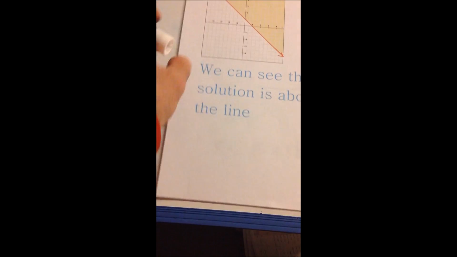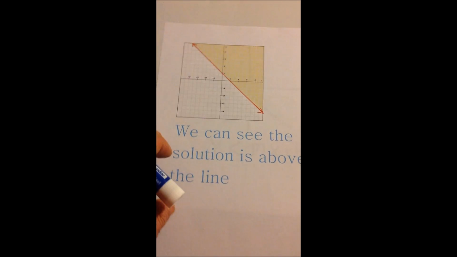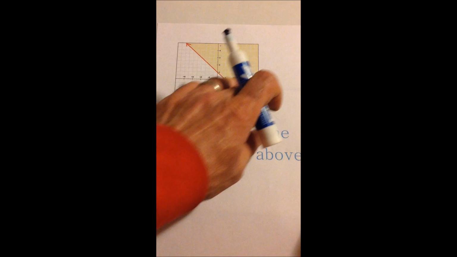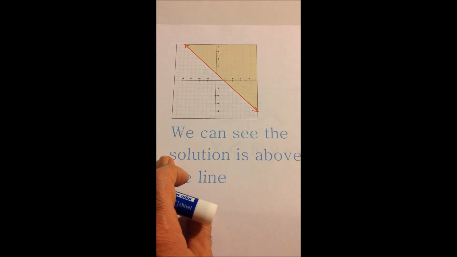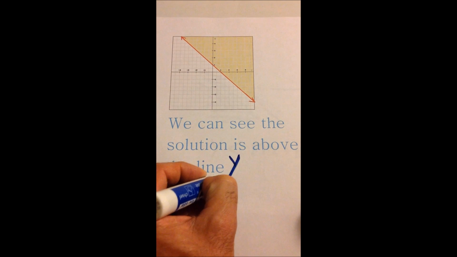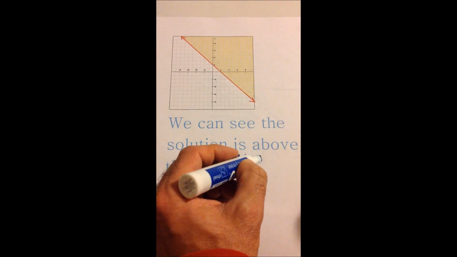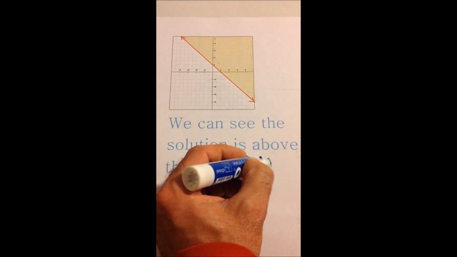So let's take this graph again. From this graph, we can see the solution is above the line. The solution's above the line, right? And it's a solid line, so y is going to be greater than or equal to mx plus b.